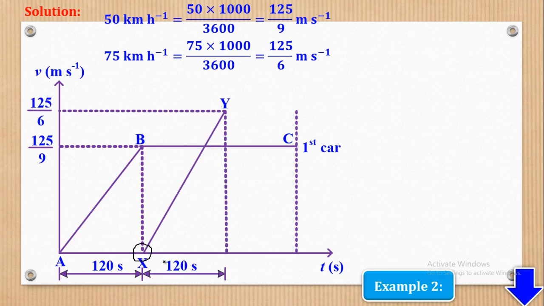It also accelerates uniformly for 2 minutes. That is why you see here 120 seconds. So it attains a speed of 75 kilometers per hour, which was converted to 125 over 6. That is why you see here 125 over 6 as our final speed.